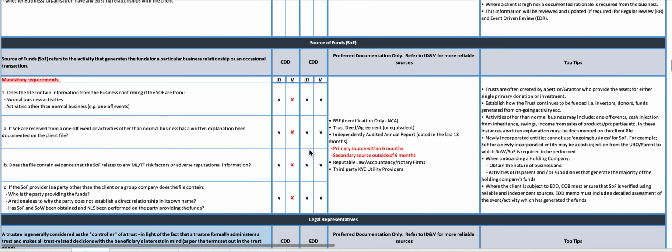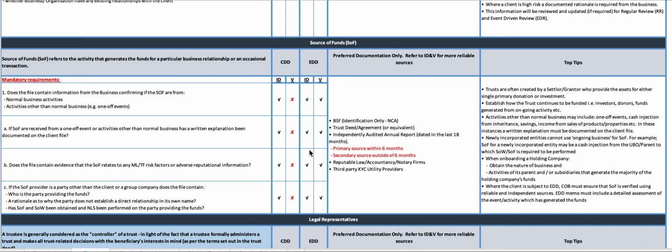Source of funds. Again, you need to identify where the funds have actually come from. So it could be normal business activities, or other than normal business, i.e. one-off events. If the funds are received from a one-off event, you want an explanation or documentation of what that one-off event is.